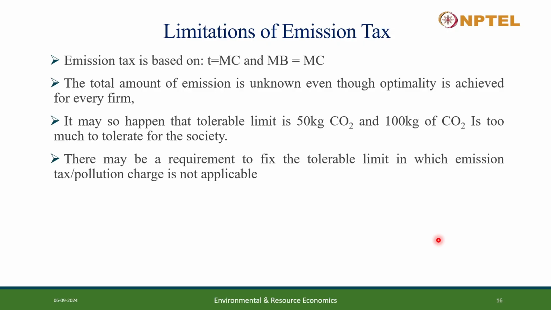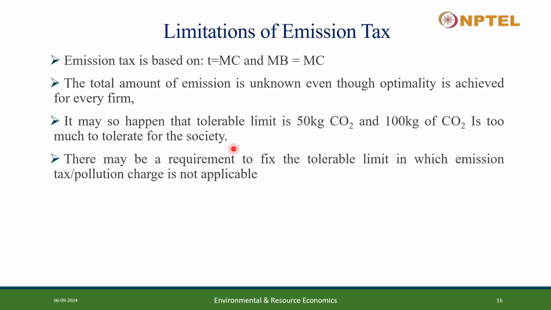the flatter the marginal benefit curve, the more effective the emission tax system will be. Now we are seeing another big disadvantage. Let's say the regulator knows the total emissions limit, that we cannot emit more than a certain amount of CO2 in the air. Say a tolerable limit of CO2 is 50 kg, and 100 kg of CO2 is too much for society to tolerate.